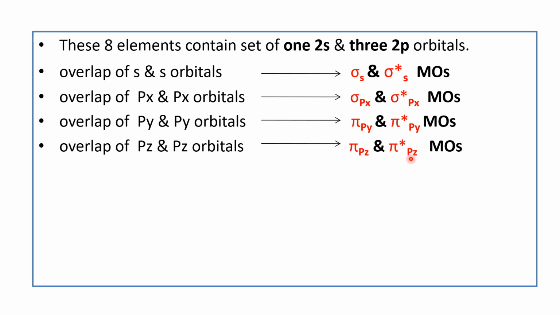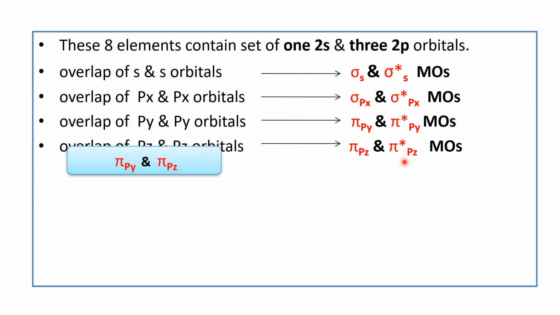So this is the overlapping of atomic orbitals which gives the formation of molecular orbitals. Now here, pi py and pi pz, these two orbitals have the same energy. Similarly, pi asterisk py and pi asterisk pz, that means these two antibonding molecular orbitals also have the same energy.